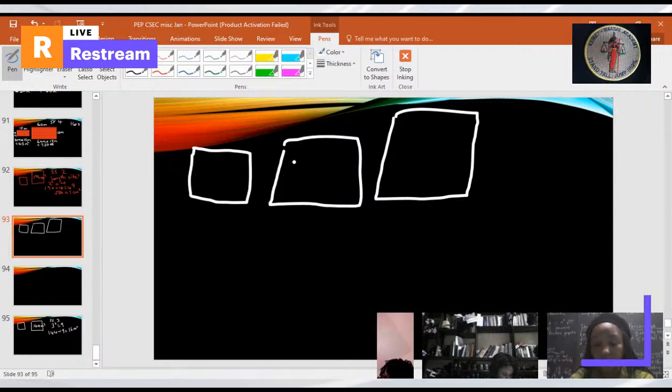So the area of the middle square is 9 meters squared, right? Yes, miss. So the scale factor here is 3.